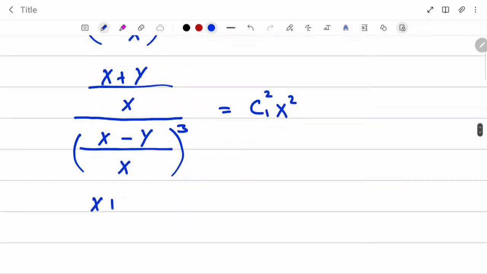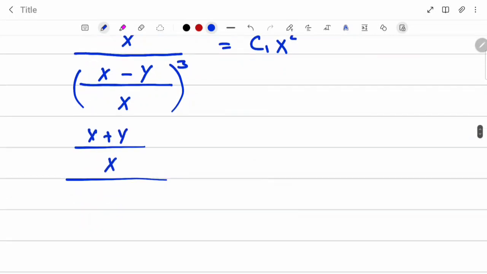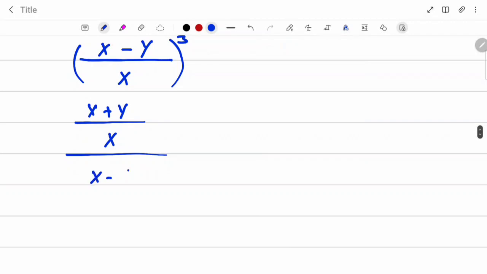So x plus y over x minus y cube. Firstly, we need to write the x there. X plus y upon x minus y cube by x cube, equals c1 square x square.